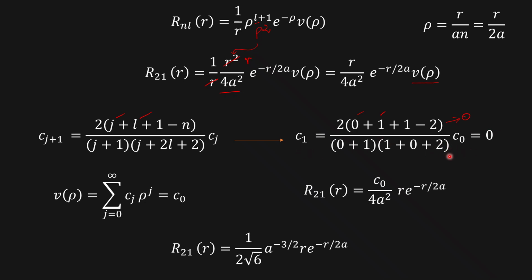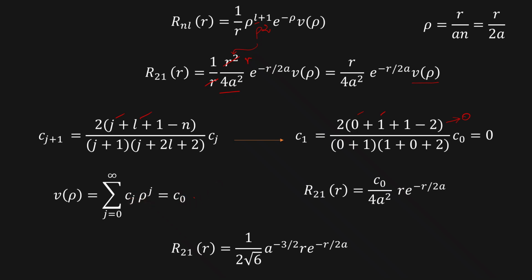So here also we have only one coefficient, that is C naught. C1 is equal to 0 and all other terms are also 0. So v of rho is the summation over j from 0 to infinity of C_j rho power j. For j equal to 0, rho power 0 equals 1, so this is simply C naught.